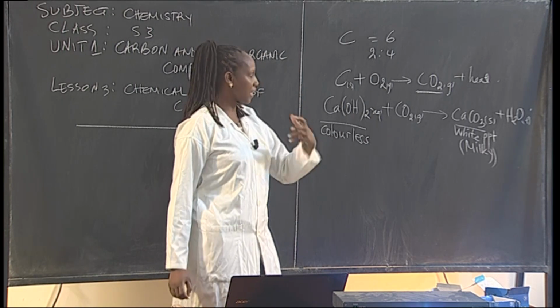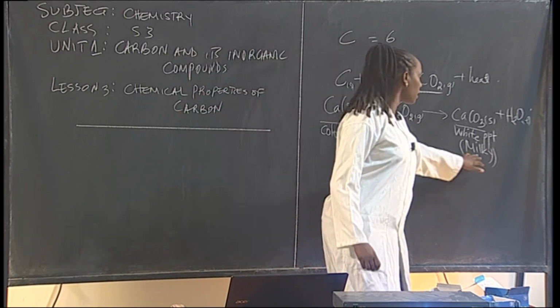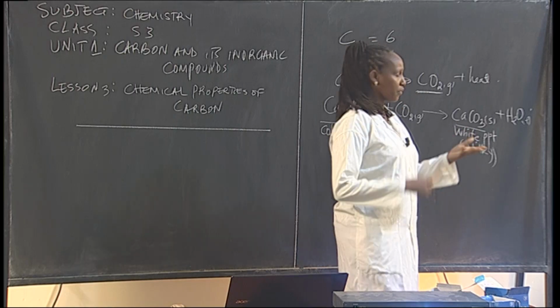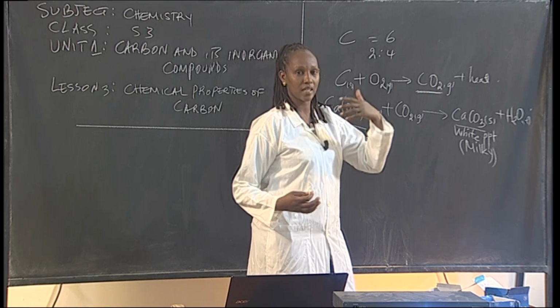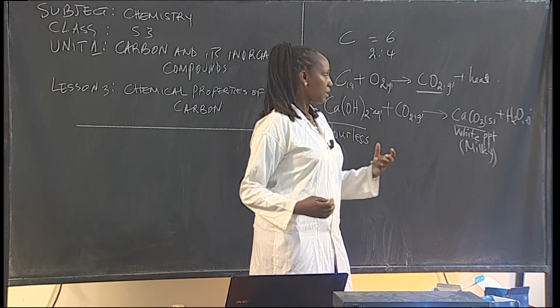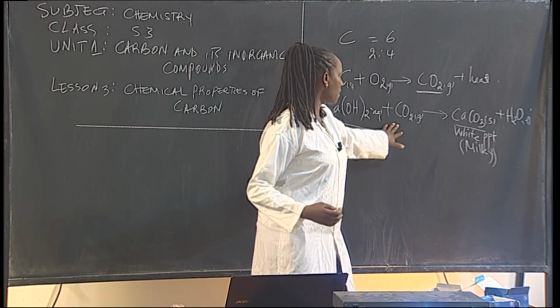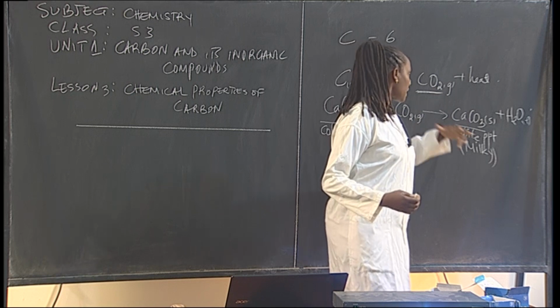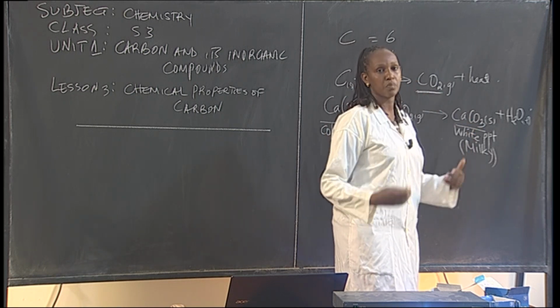So when it reacts with carbon dioxide and you see that it has a milky color or a white precipitate, you confirm this is carbon dioxide gas that has been formed. Why? Because when we react calcium hydroxide, which is colorless, with carbon dioxide, we expect to form calcium carbonate, which is a white precipitate.